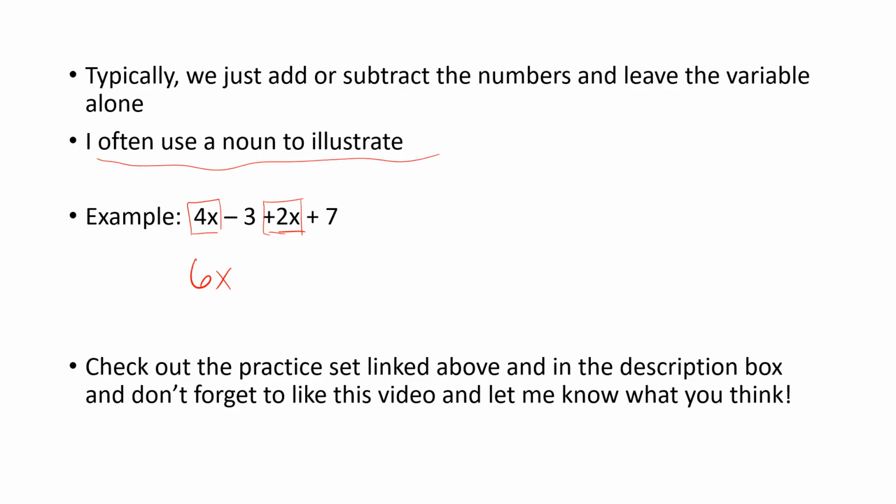So instead of x, I'll pick my favorite noun, say kittens, and I'll say, okay, if you have 4 kittens plus 2 kittens, what do you have? And my students will say 6, and I'll say 6 what? We get 6 kittens. So instead of kittens, it's x's. If I have 4 x's plus 2 x's, how many x's do I have? I now have 6.